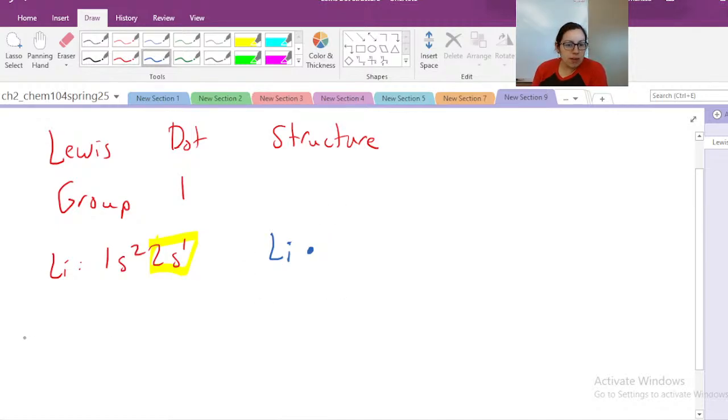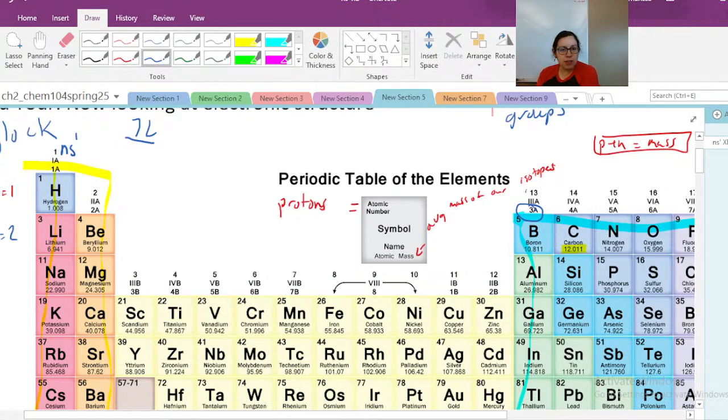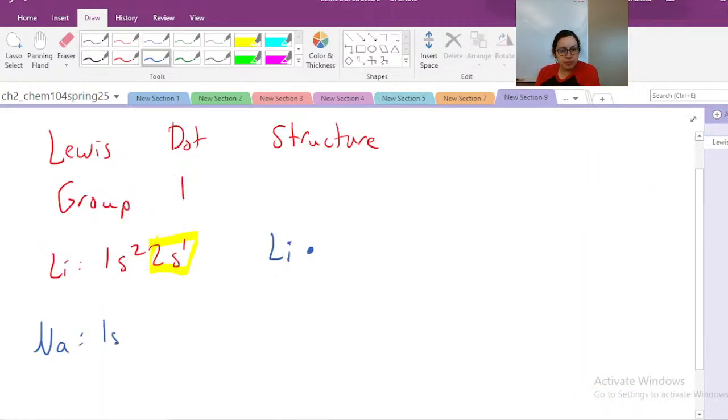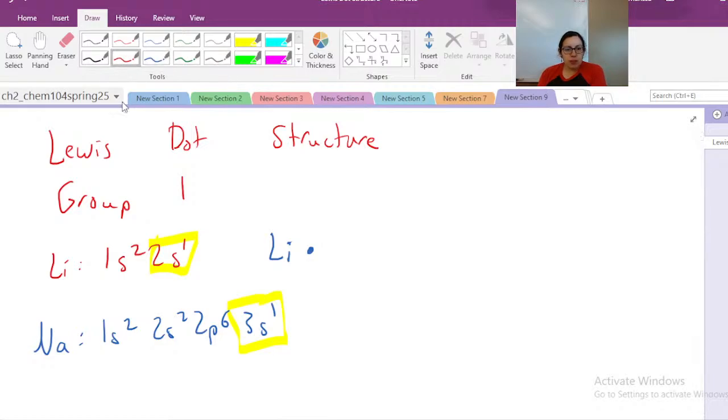And so, right, we could do the same thing for sodium. So we're getting close to sodiums. And so let's go through the electron configuration. So again, you start at the top, 1s2, 2s2, 2p6, 3s1, right, for sodium. And so again, right, we only want to focus on the valence electron.